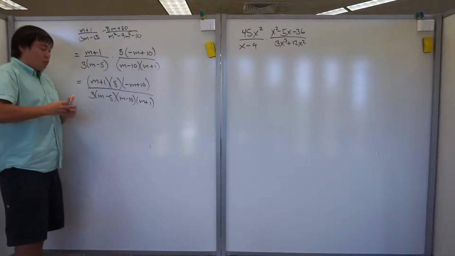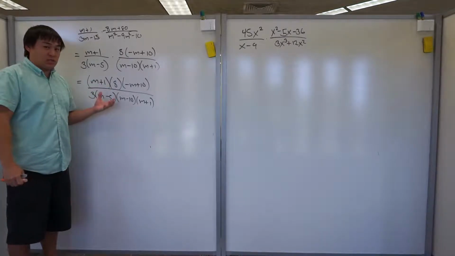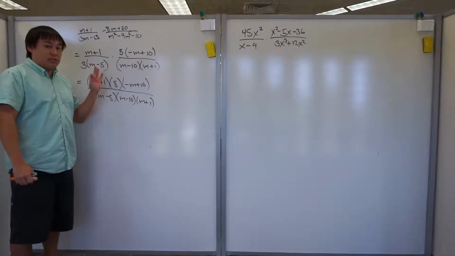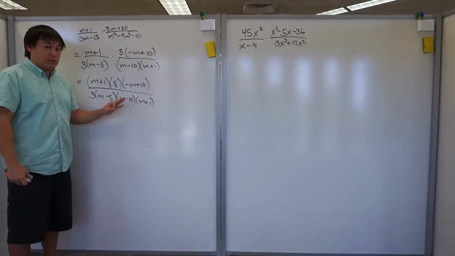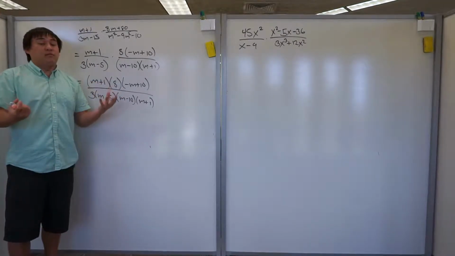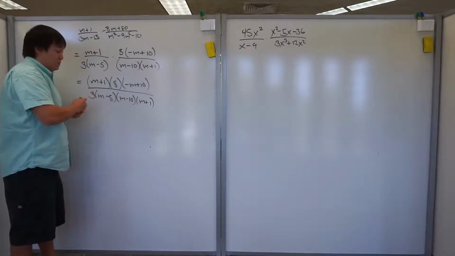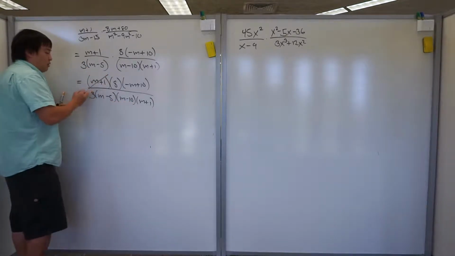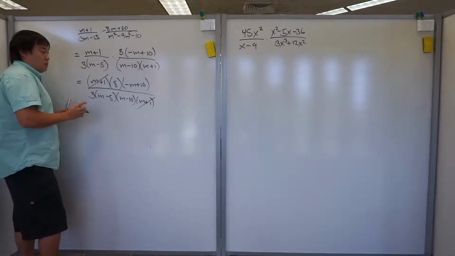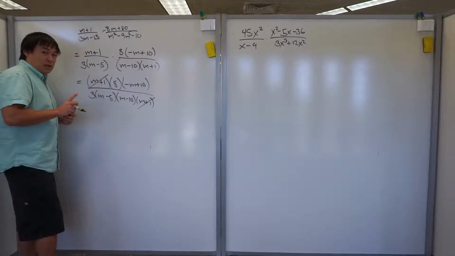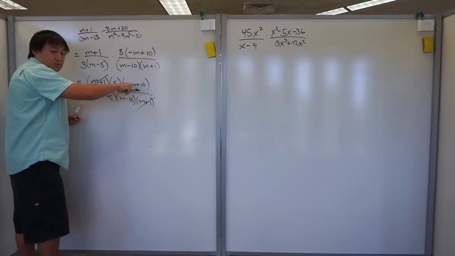Now, the only time you can cancel when you have fractions is if the top is written as a multiplication and the bottom is written as a multiplication, because the inverse operation is the division. So now I can actually do this cancellation, which is the m plus 1 and the m plus 1. But there's actually one more, if you can't see it. It's actually these two.